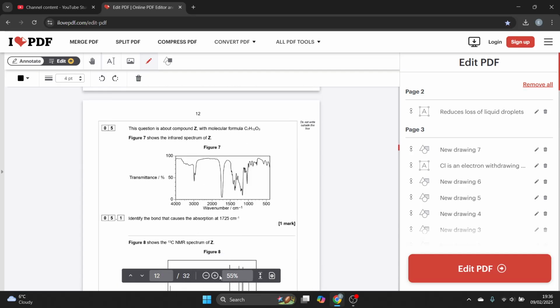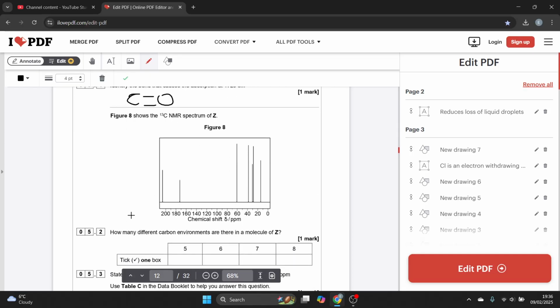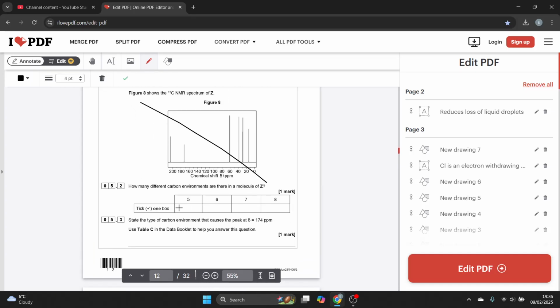Identify the bond that causes the absorption at 1725 cm⁻¹. So I'd go to my data sheet, table A, 1725, it's the carbonyl bond, C double bond O. 13C NMR spectrum of Z: I haven't gone through that in class, can't do that.